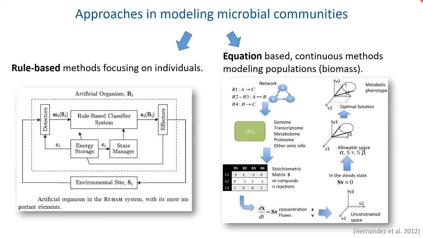One is the simple classical approach, building up maybe some sort of logic gates, how individuals can sense and react to certain inputs. The other one is what Agnes talked about, more like optimization algorithms calculating complex functions such as biomass and metabolic flux balances within cells, and then you model your agents or your biomass based on these models.